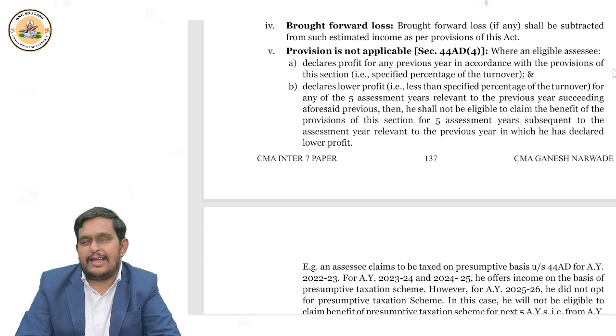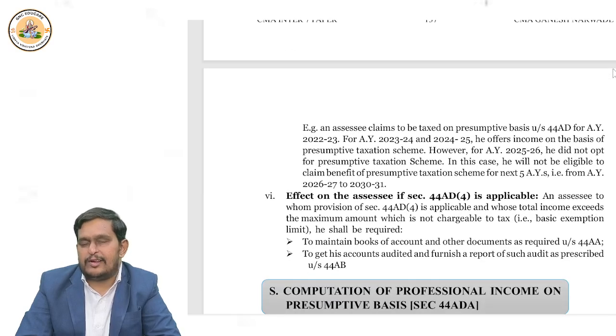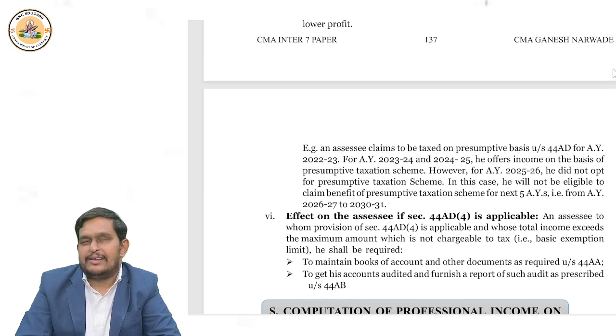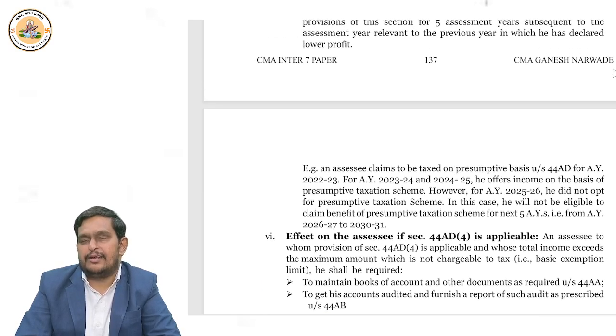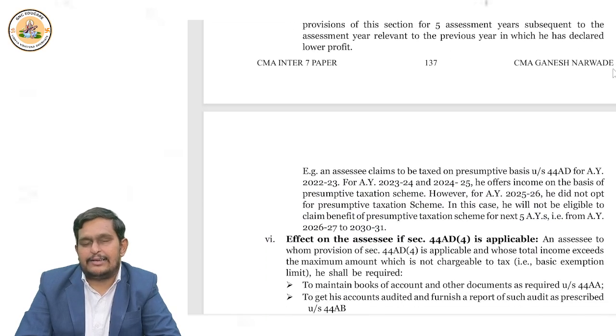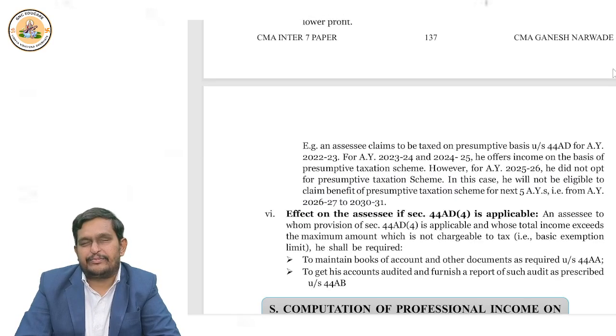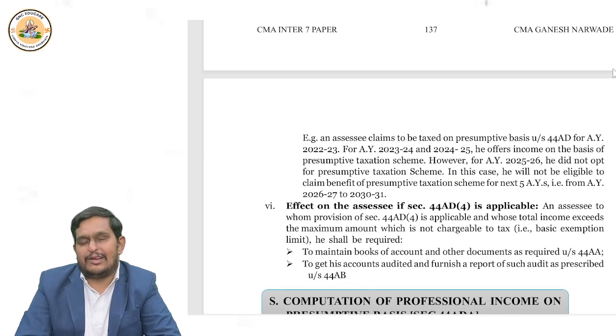Now when I said 6 lakhs 40,000, you want to say that my income is even less than that. Okay, no problem. How much? 3 lakhs, 2 lakhs. No problem, you can show. But then maintain the books of accounts as per 44AA and get the tax audit done as per section 44AB. Right? That means what?